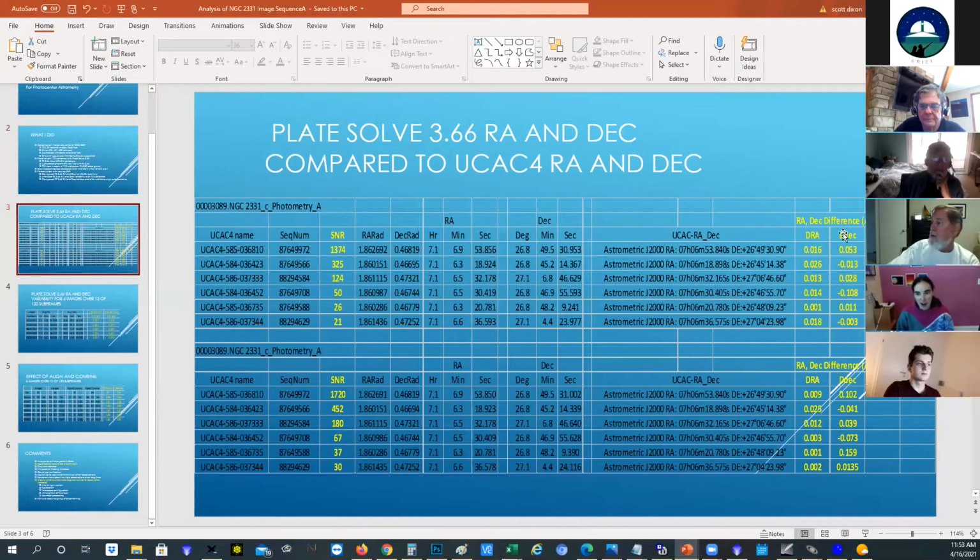The first one shows that 3.66 got really close. The worst error was just slightly over 1/10 of an arc second compared to the UCAC 4 catalog, and I did that on 2 different images.